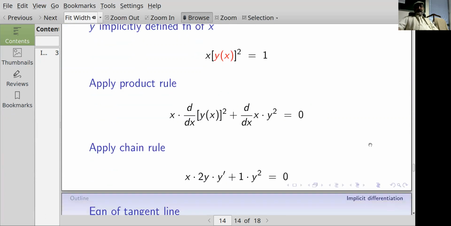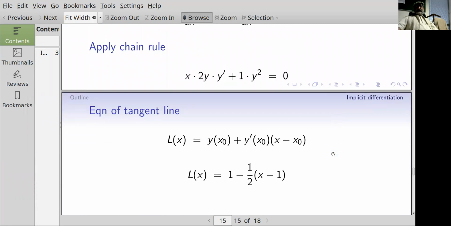Okay, now I need to apply the chain rule. So it's x times the derivative of y of x squared with respect to y, which is twice y, times the inner derivative, that's what we're looking for, the derivative of y, plus the derivative of x with respect to x, which is 1, times y squared is equal to 0.